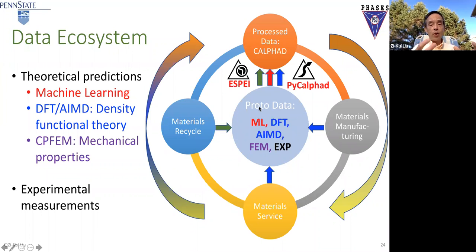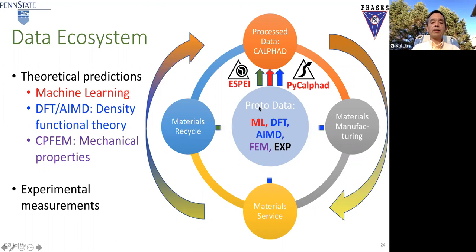So we want to capture this data to continuously improve the database. As you can see, this data ecosystem continuously collects the total data, continues to develop the database, and continues to improve the material along the way.